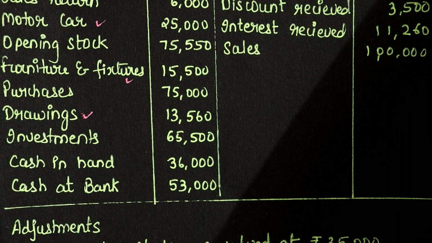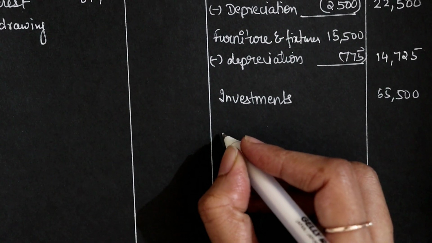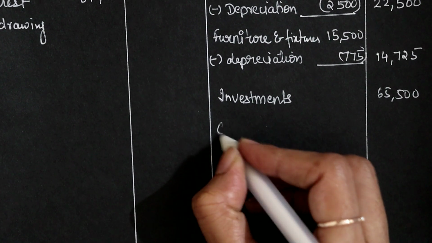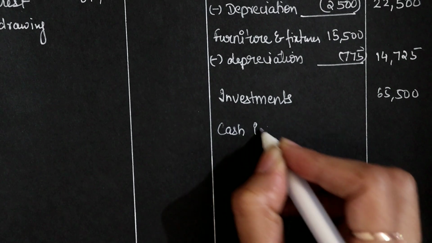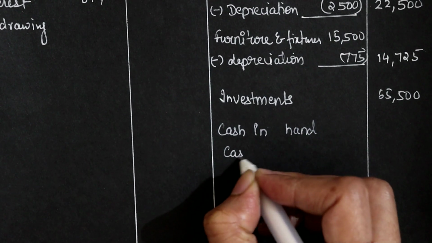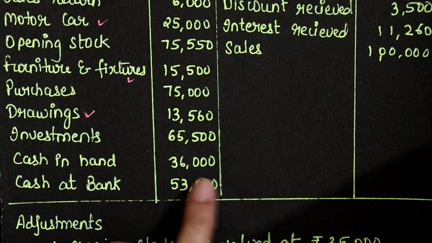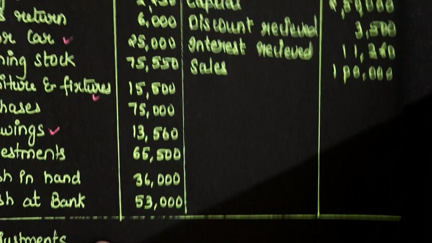Then lastly, cash in hand, cash at bank. The value of cash in hand and cash at bank is 36,000 and 53,000.